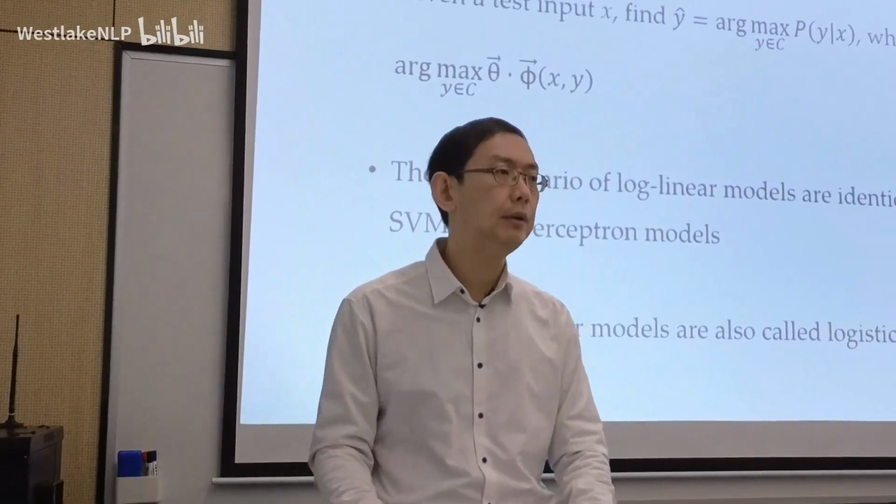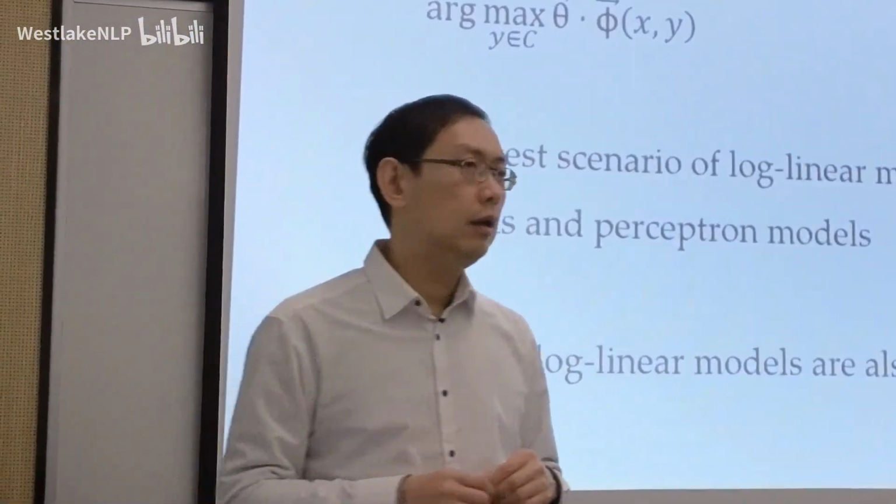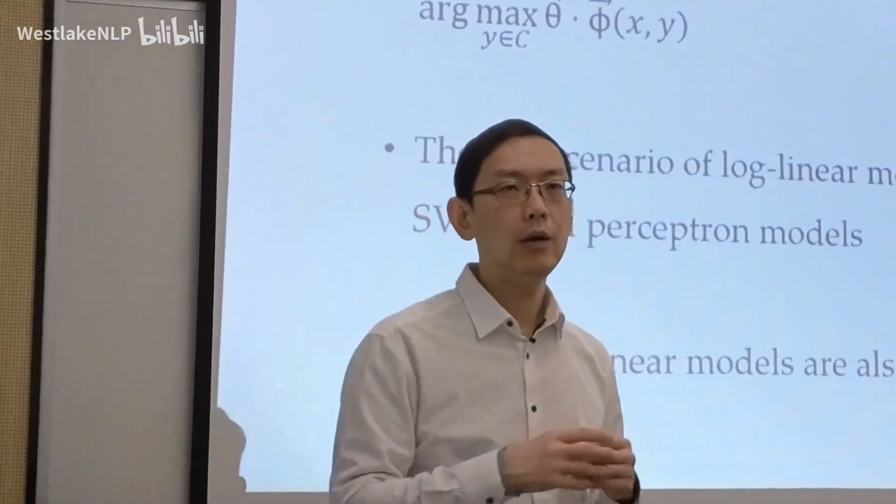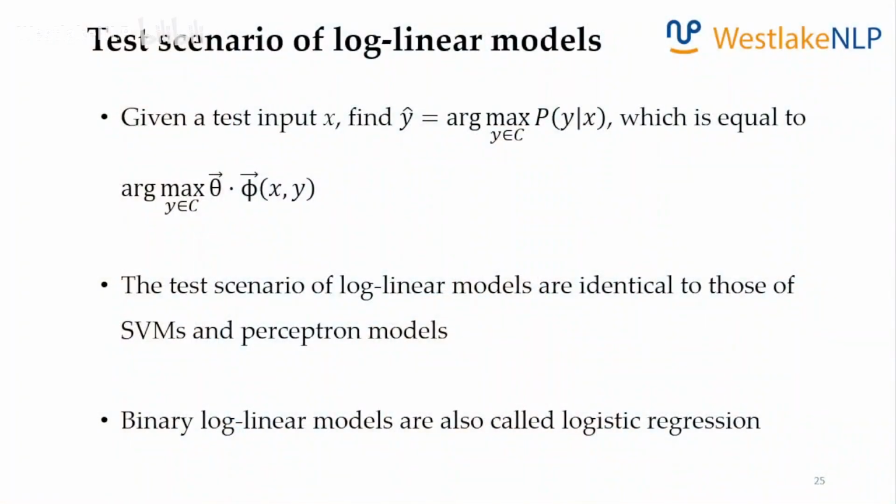During testing, given an input, you want to find an output class label. The process is the same as your perceptron and SVM. You don't really have to calculate the probability; you just enumerate all possible class labels, calculate the model score theta dot phi, and select the one that has the highest score. Why does that work?